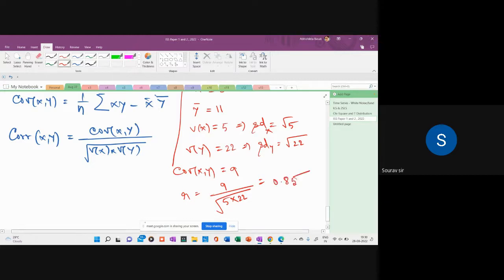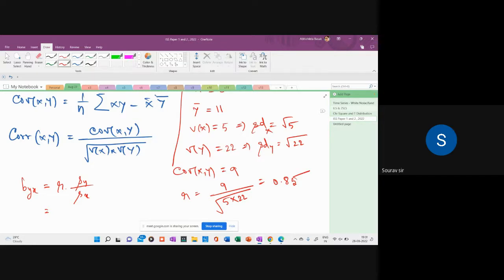So I will have this byx. I can do it in a reverse way, or I can find bxy as well. So byx is r into sy by sx, that is r into square root of 22 divided by square root of 5.